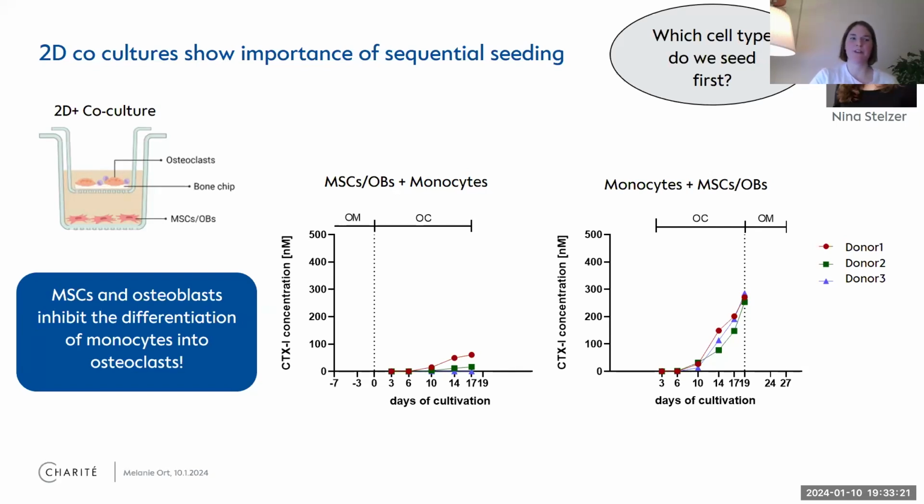And she did that with what we call a 2D plus co-culture. This is also a nice way to show cell-to-cell interaction, and osteoclasts need bone, right? So she added little bone chips. This was a pretty nice experiment, and now we know a little bit better in what sequence we have to start our chip.